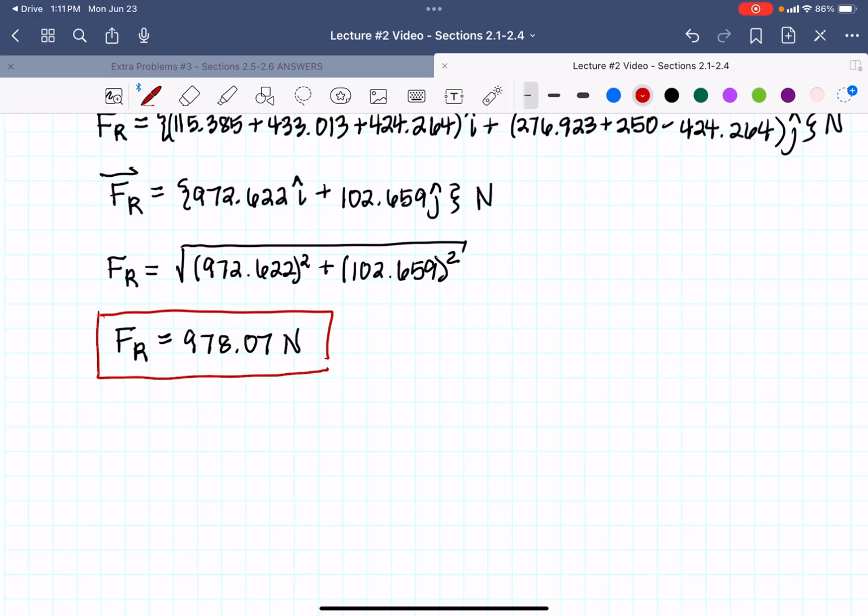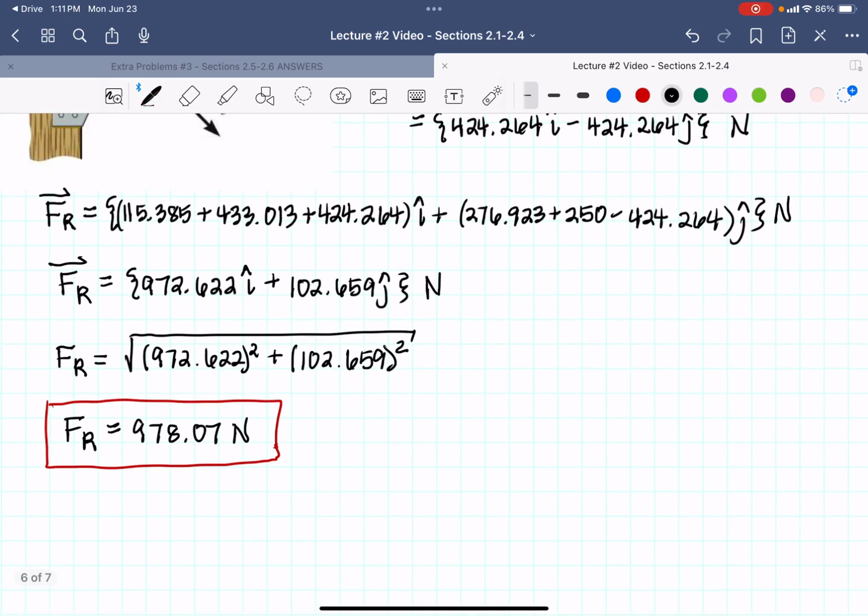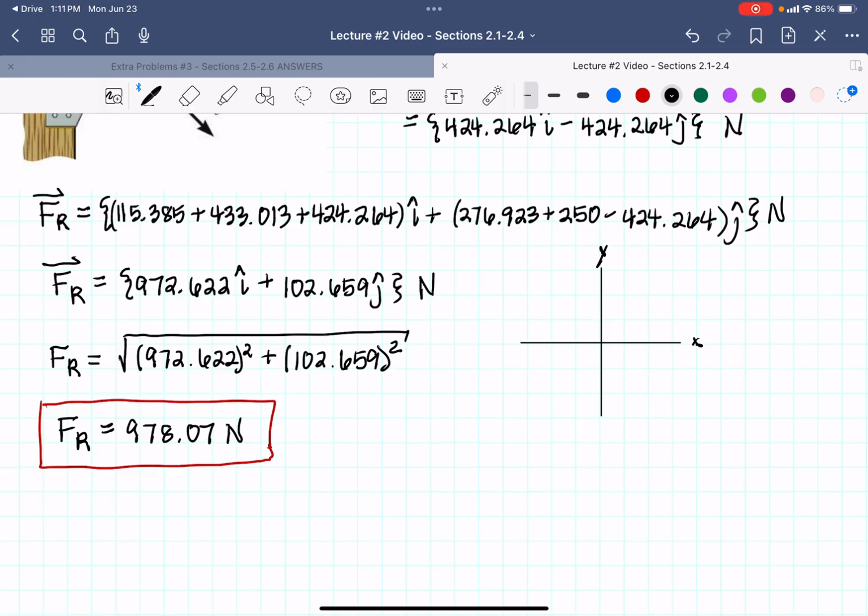But I also need to find my angle. So when I look at my resultant force, if I draw my x and y axes, it is a positive in the x, and it is also a positive in the y, so it's somewhere around here. I'm going to have my F_R somewhere in the positive direction, which means that this is going to be the theta that I calculate. From that, I've got my x component here and my y component here.